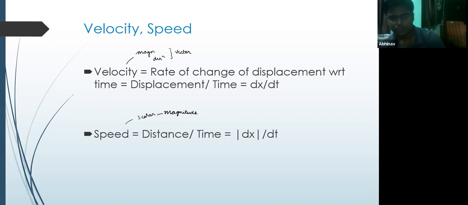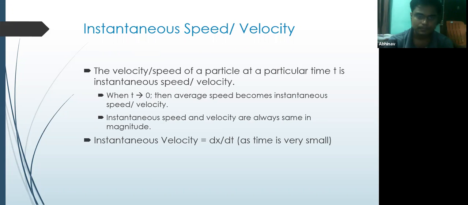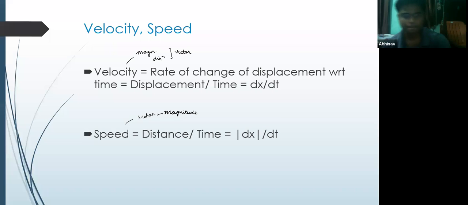Similarly, velocity can have any sign, positive or negative, whereas speed will only have a positive sign. So a little bit we understand about distance and speed.